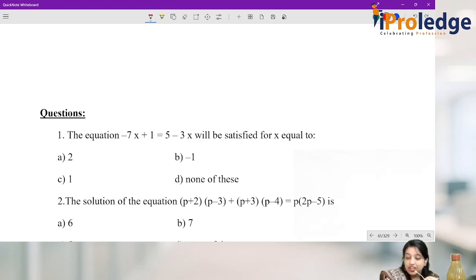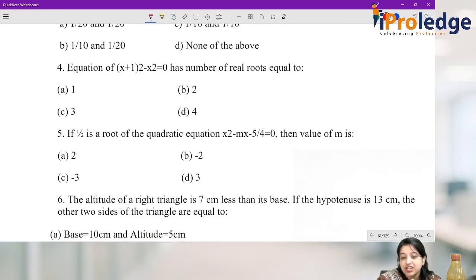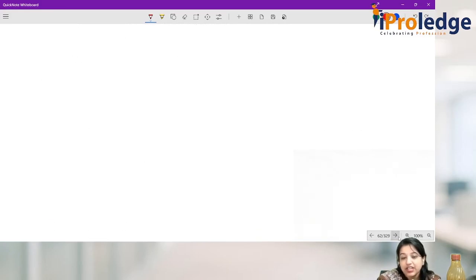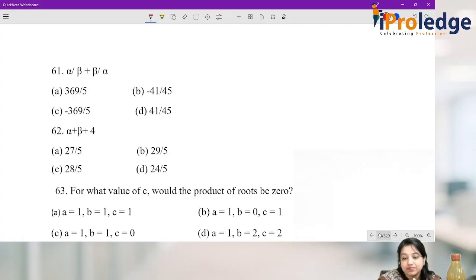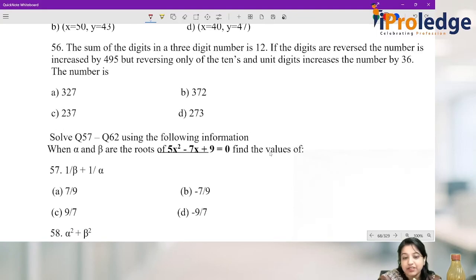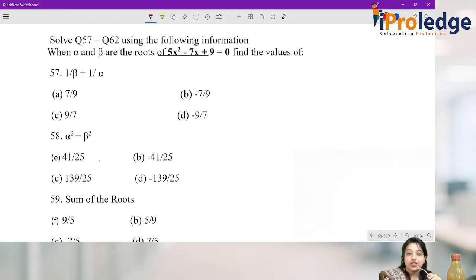That is important. In this, you will do the statement questions, have a look once. The important one is 1 by alpha plus 1 by beta. That is very important. Have a look at the remaining statement questions once, you will get it. Equation is given.